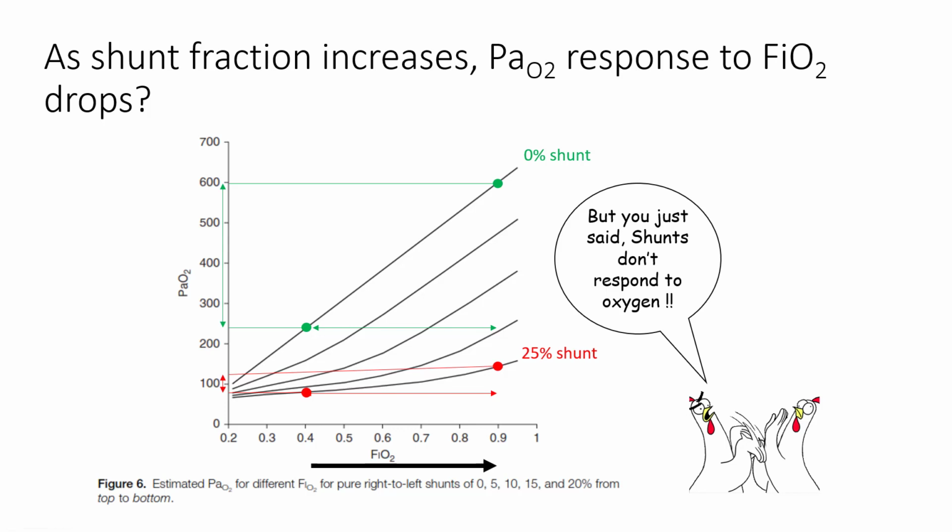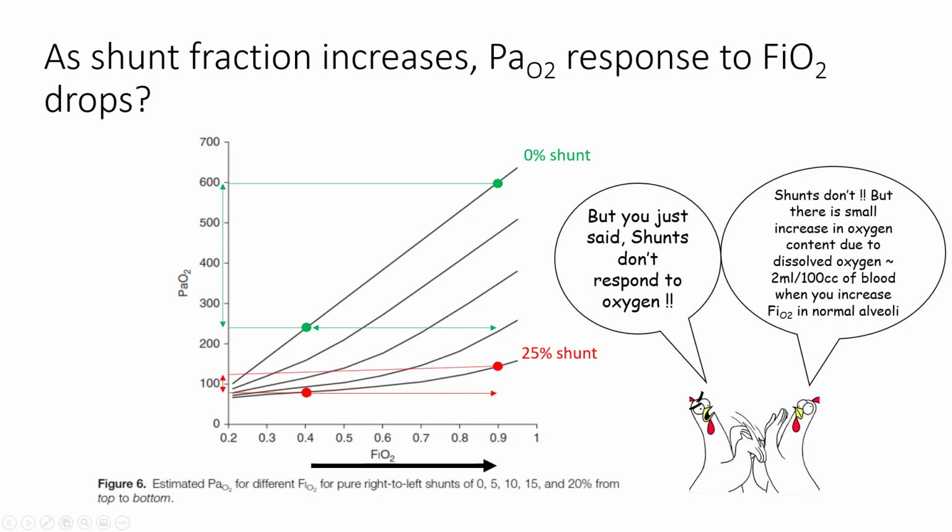One of the things that you can get confused about is that shunts don't respond to oxygen, but here I am seeing some improvement in the PO2. Shunts still do not respond to oxygen, but there is a small increase in oxygen content due to dissolved oxygen, which is about 2 ml per 100 cc of the blood when you increase your FiO2 in the normal alveoli from 0.2 to 1.